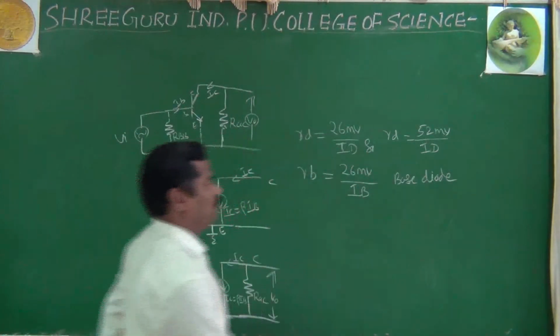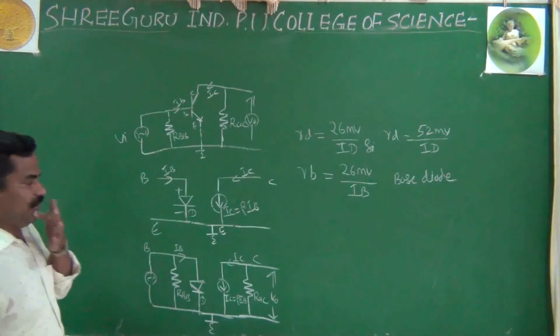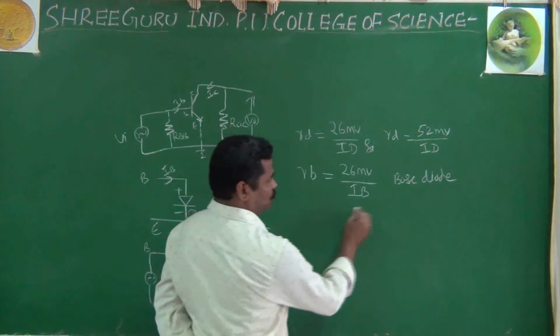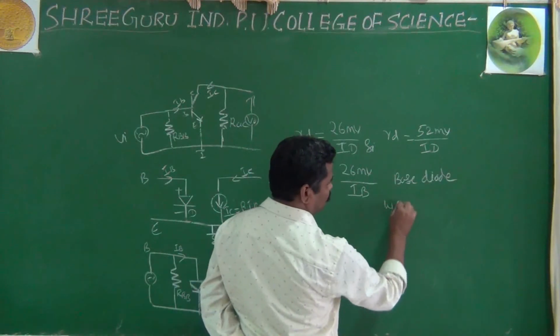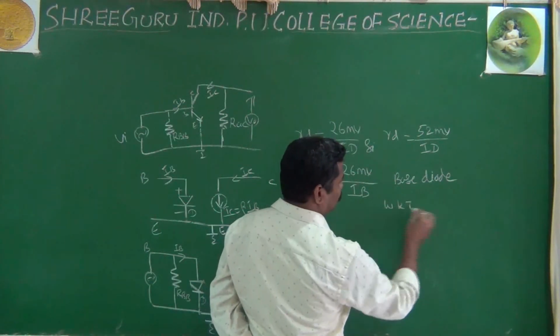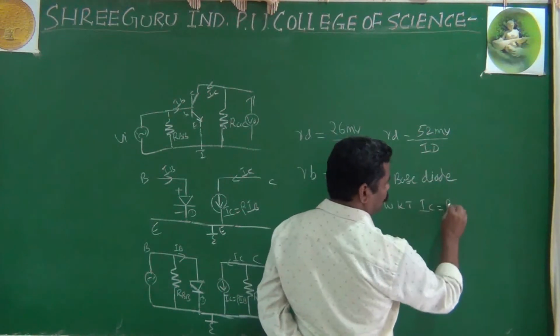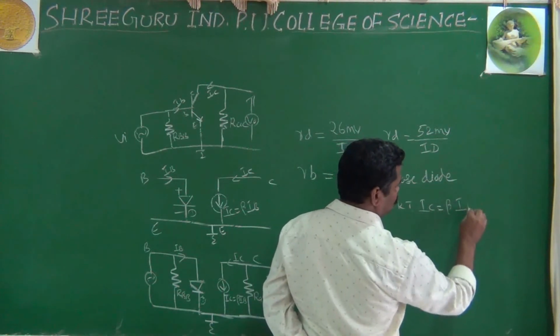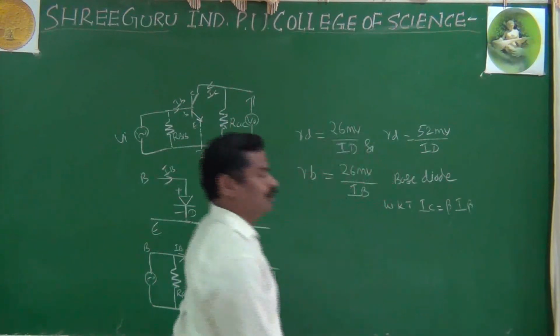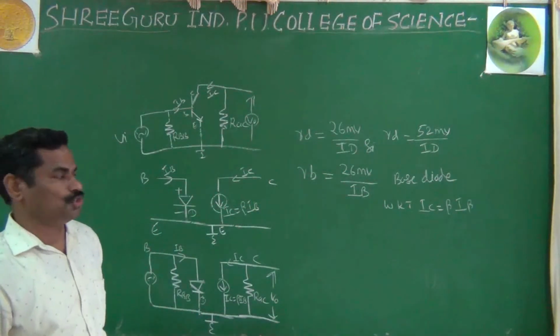Look here at your base diode, and we also know this property: IC is equal to beta into IB. You know this important property of the common emitter transistor.